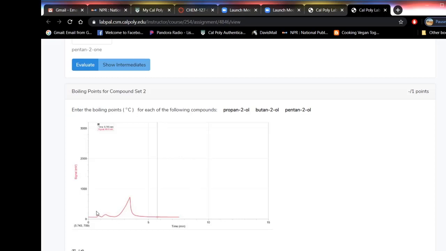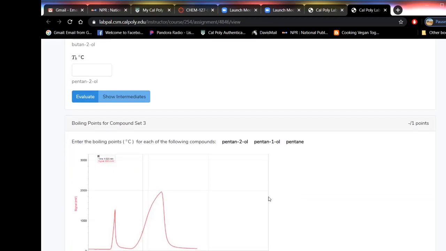It has the lower surface area, so it's going to interact with the tube less and boil earlier. This larger peak at the end is probably the pentanol, with butanol in the middle. What we need to do for our thinking is make sense of these chromatographs for each set.